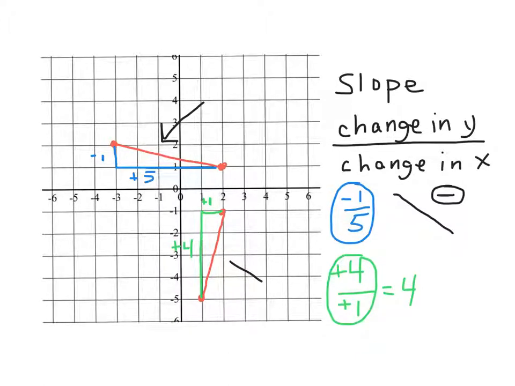The other line is a positive sloped line. As you are looking at it from left to right, it is going up. So we have a positive sloped line. And that is always true when you have negative slopes, positive slopes. Negative slope lines, as you look at them from left to right, go down. Positive slope lines, as you look at them from left to right, go up.